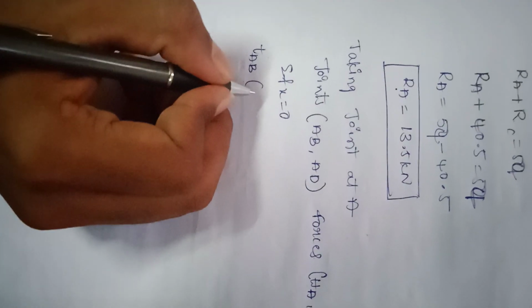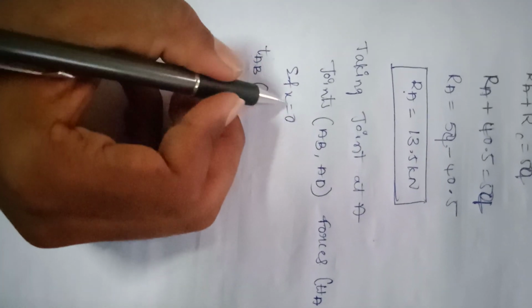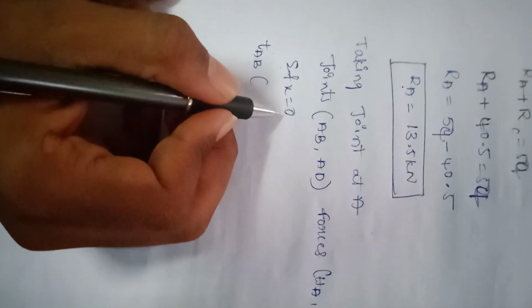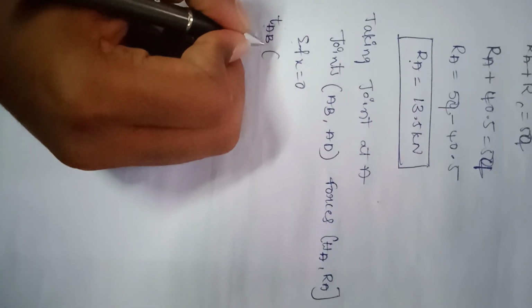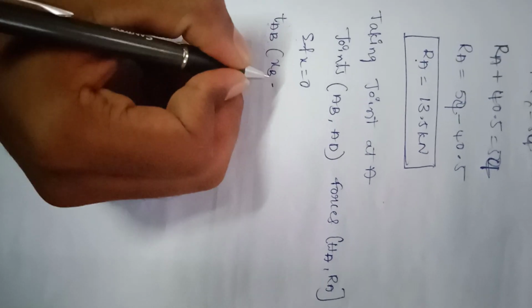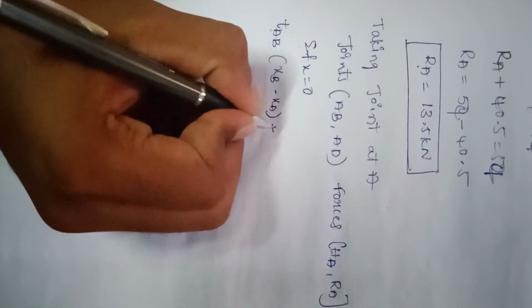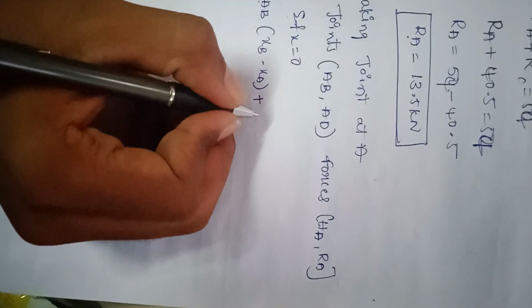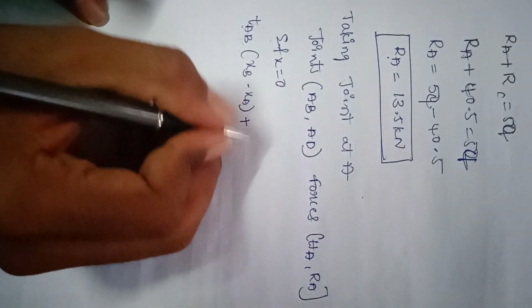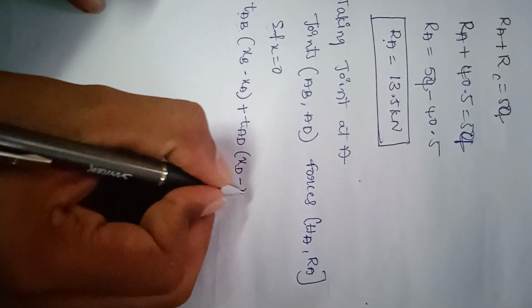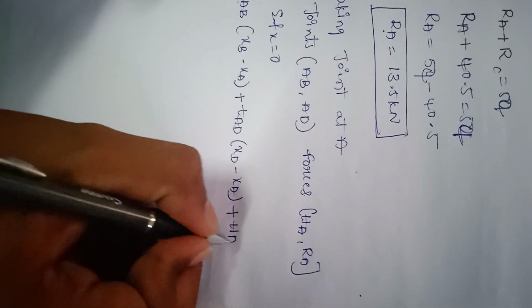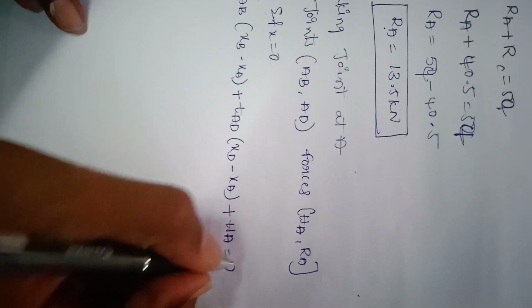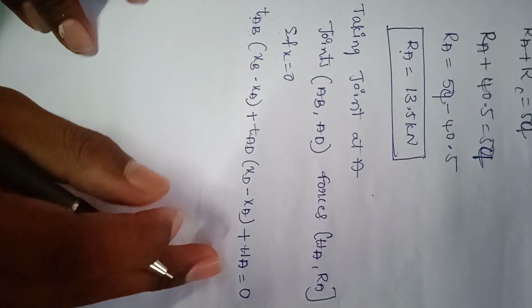Here we are taking the sum of horizontal forces, therefore in the x direction: tension in member AB into xB minus xA, plus tension in member AD into xD minus xA, plus the last horizontal force acting, that is HA, equals 0. This is the way we have to take.